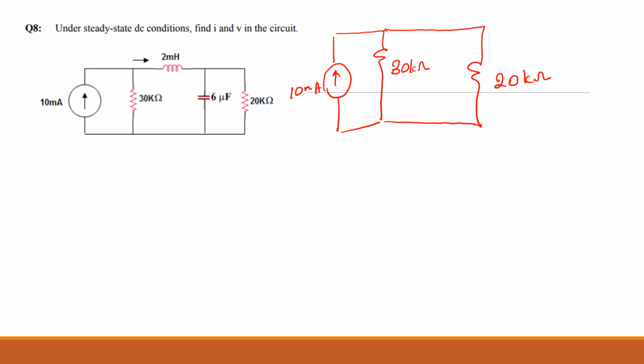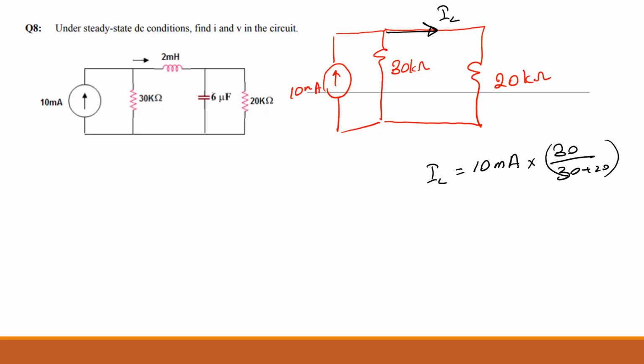Okay, now how do we find the current going in this way, which will be your I across the inductor. So you use the current division rule, am I right? So that will be 10 milliamps times 30 kilo ohms divided by 30 plus 20 kilo ohms. Kilo ohms will cancel out, isn't it?